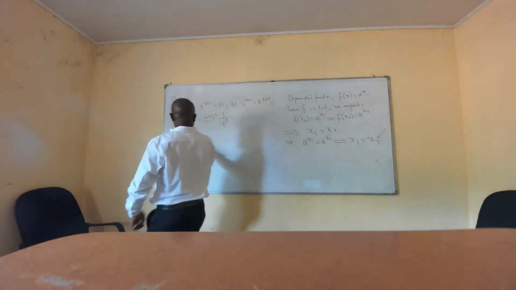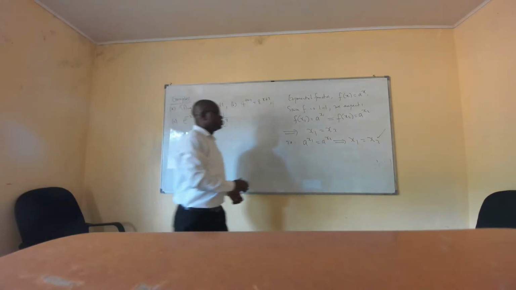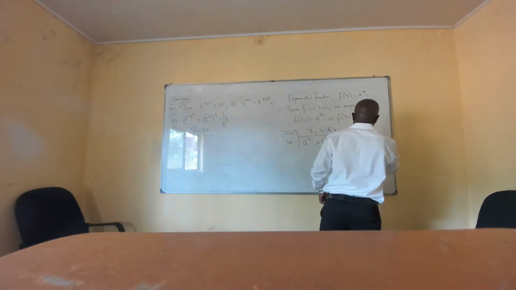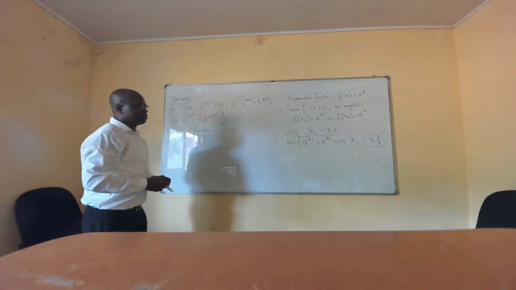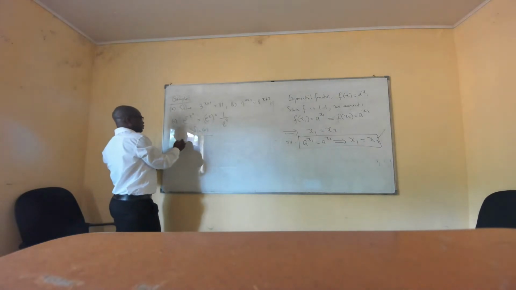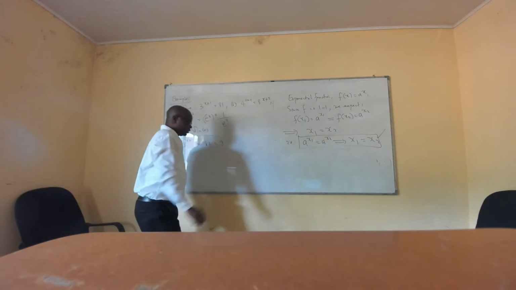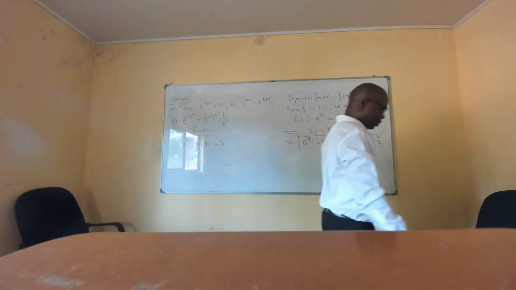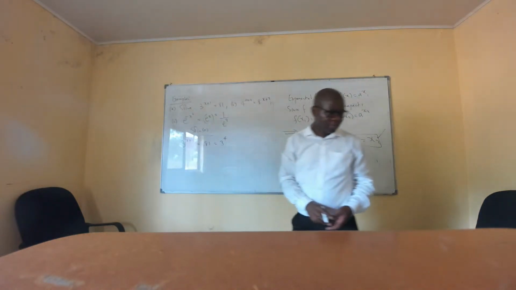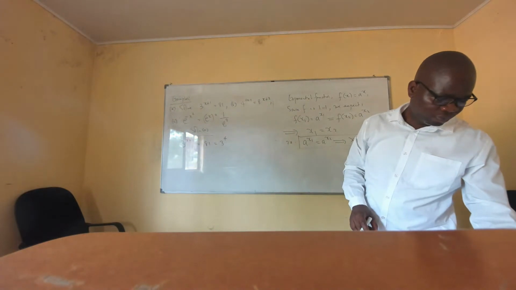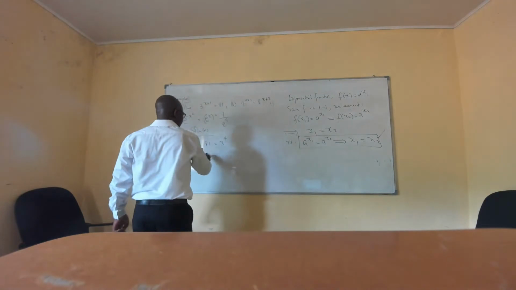So I'll start with the first one. Because we are supposed to use this fact, we start with this, then we can compare the powers. So we have 3 to the power x plus 1 equals 81. We can write 81 as 3 to the power 4. Yes, 3 to the power 4. And you have got the same base.